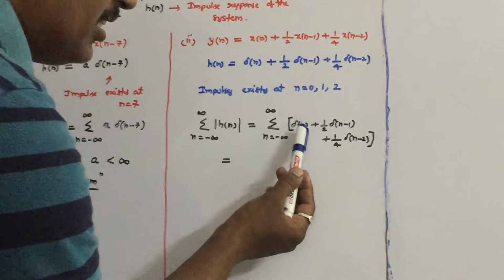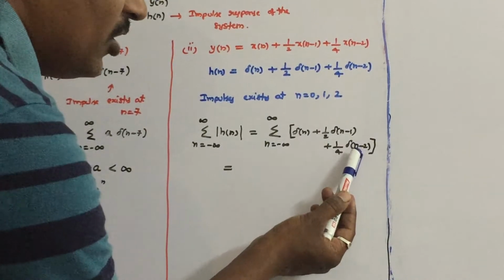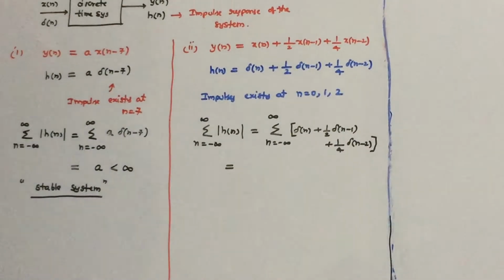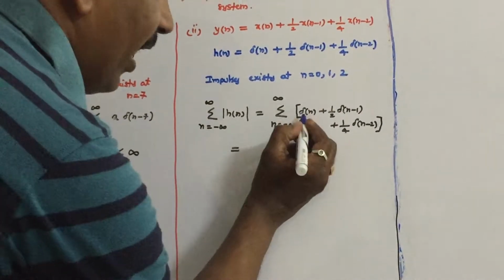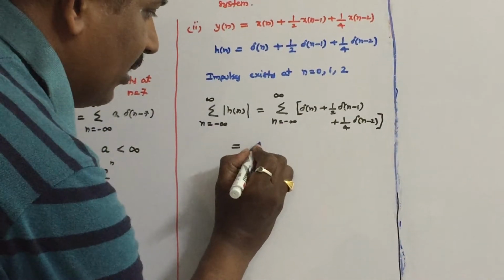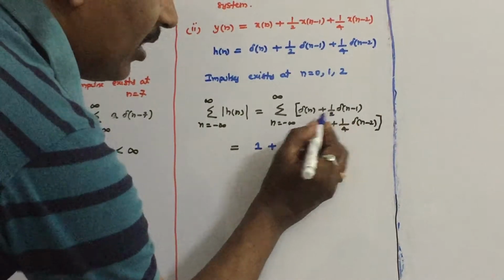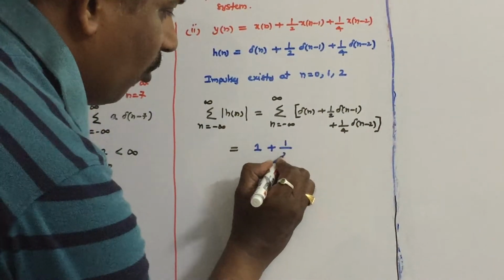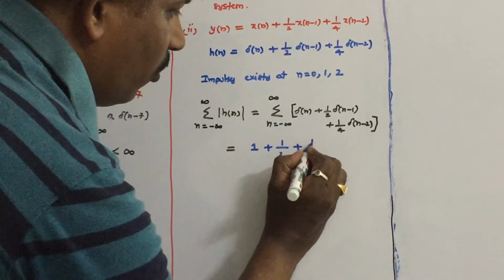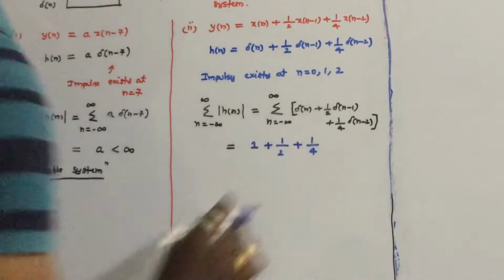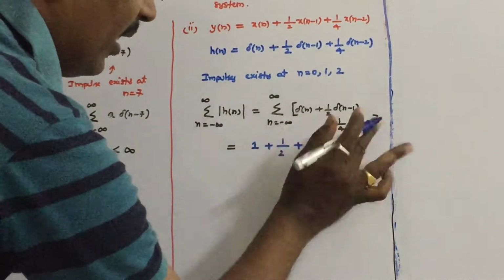The impulses only exist at n is equal to 0, n is equal to 1 and n is equal to 2. All the rest of the impulse values are 0. Therefore at n is equal to 0 in the summation, the impulse amplitude is 1. At n is equal to 1, the amplitude is 1 by 2, plus at n is equal to 2, 1 by 4. All the remaining impulse values are 0 in the summation.